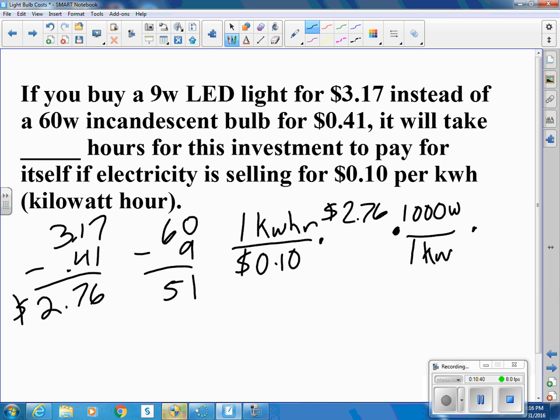So I'm going to divide by 51 watts. Well, how do I know that? Well, I know that the watts are going to have to cancel. I know that the kilowatts are going to have to cancel, but the hours do not. The dollars cancel. So then we just end up with units of hours. So do the math. My calculator tells me multiply everything on the top, divide by anything on the bottom, tells me 541 hours.